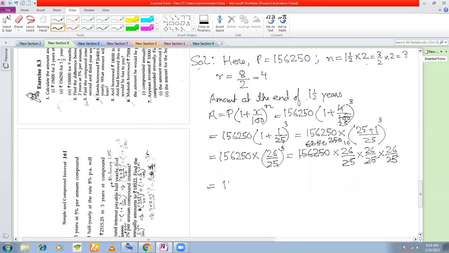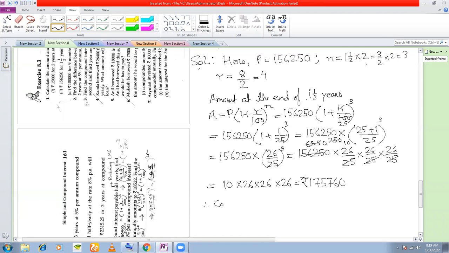So you are getting 10 into 26 into 26 into 26. Okay. So here if you multiply, you are going to get 1,75,760. And this is the amount after the end of 1.5 years.